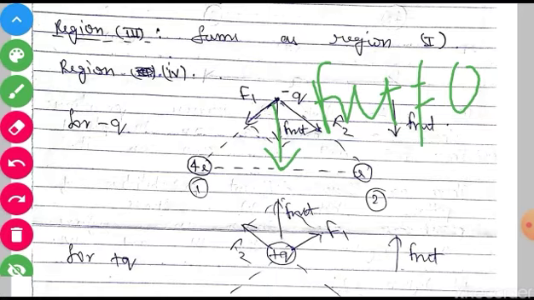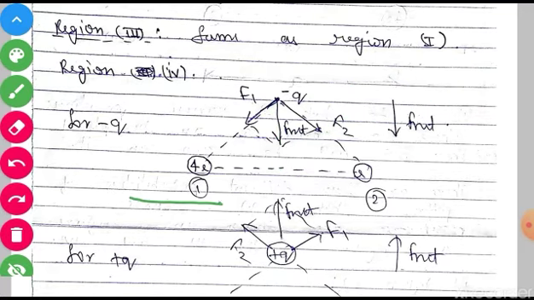This was the concept which I told you in class 11. For the equilibrium of two vectors, they must be anti-parallel to each other. Here, since these two forces are not anti-parallel, their resultant is never going to be 0. So this position is also ruled out from our discussion. This is not our required point.